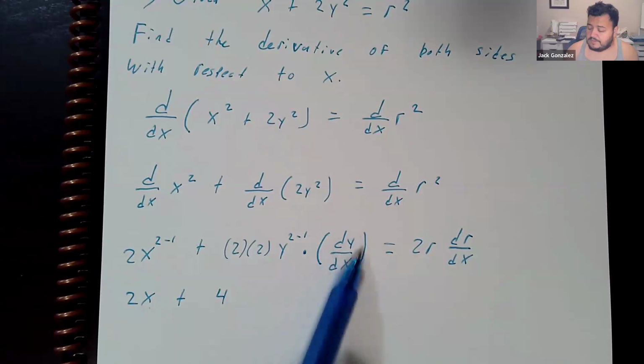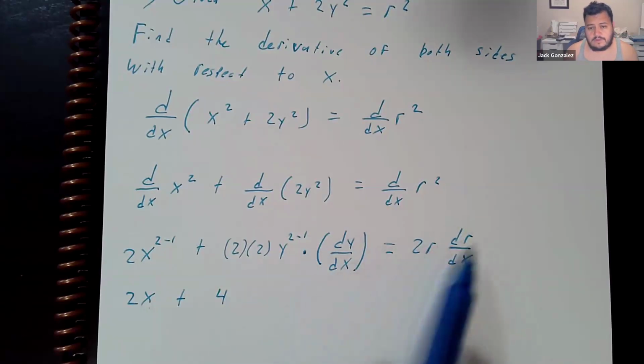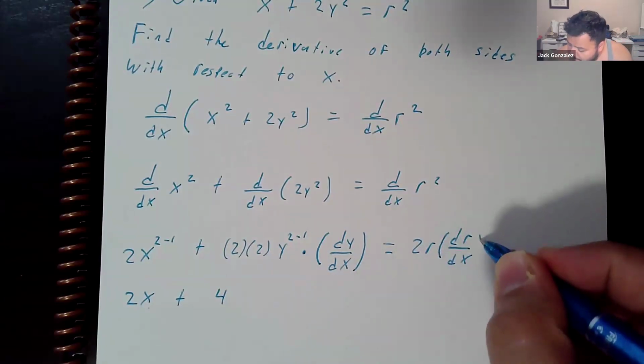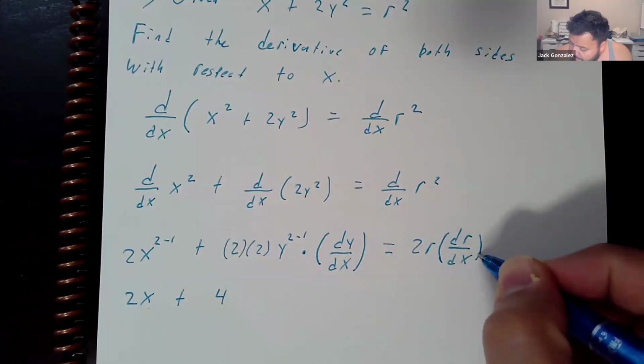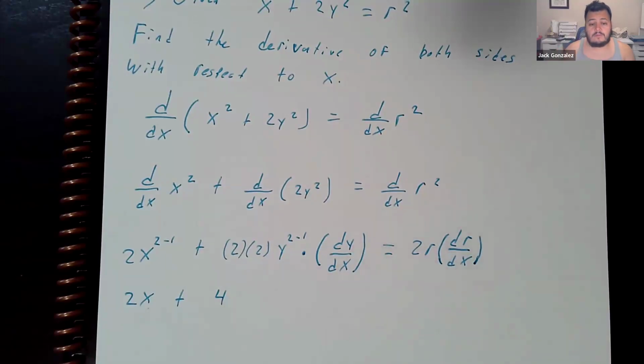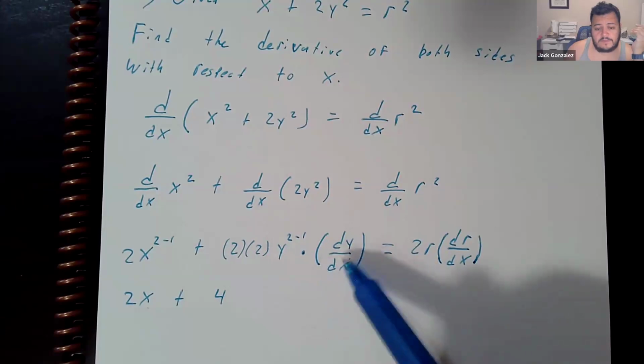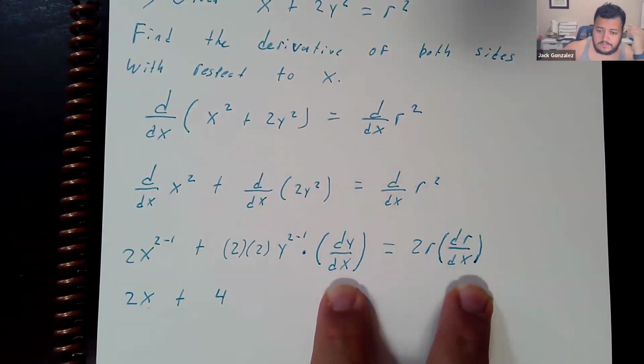Just tack on the piece. So this is y, so dy dx. R dr dx. This comes from the chain rule, and if you saw the videos, there's a theory behind it. It's basically an implicit chain rule. But the way I want you to think about it is if they don't match up, tack on this piece. This is the implicit part.